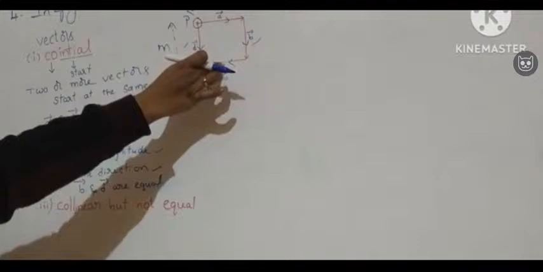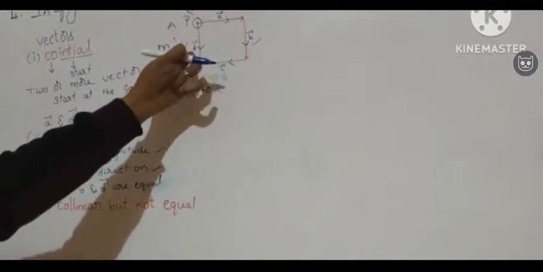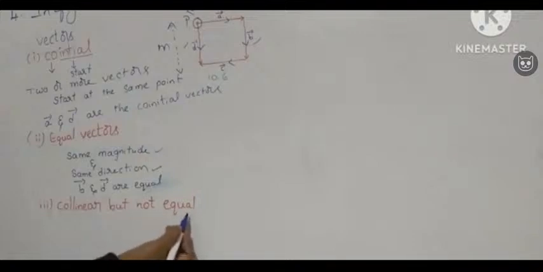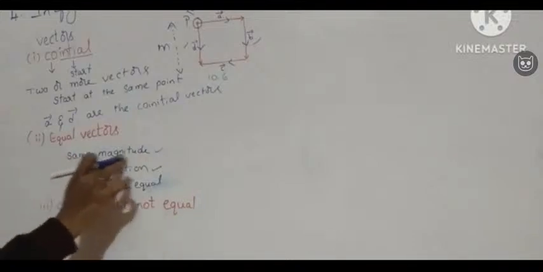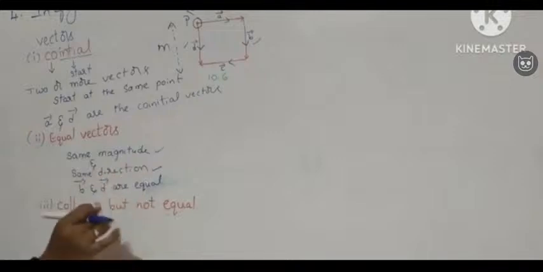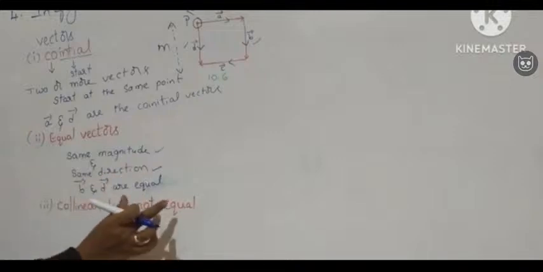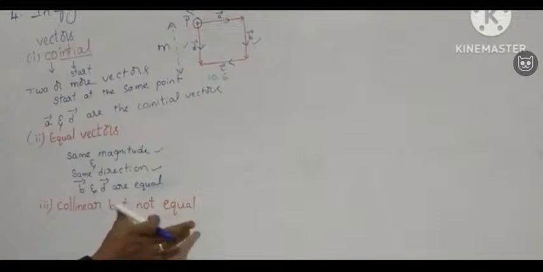A bar and C bar are collinear, B bar and D bar are collinear. But they are asking not equal. Equal means same magnitude, same direction. Not equal means the magnitude is the same, but the direction changes. If the direction is opposite, then it is not equal.